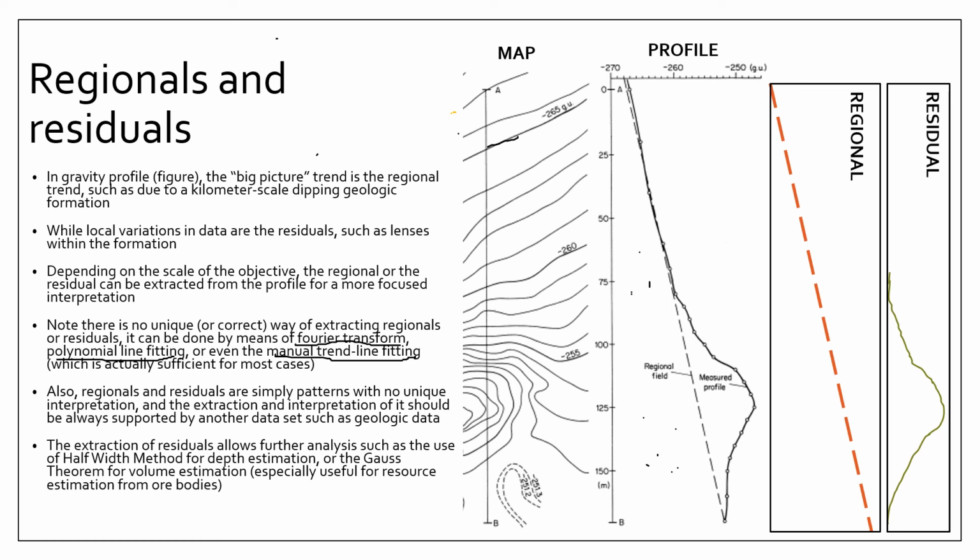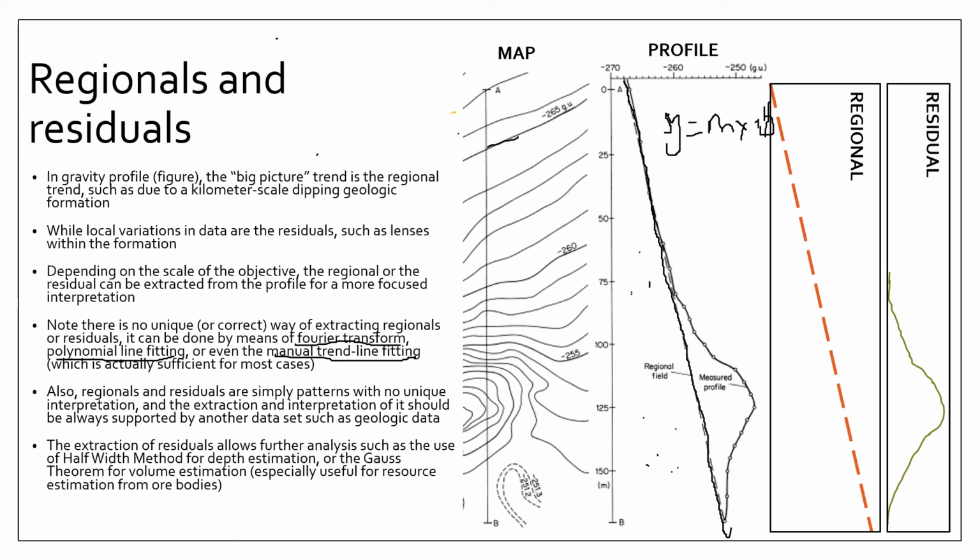What we do in manual trend line fit is we just trace this line. You try to draw a line that approximates the regional trend, and then we just get y = mx + b.